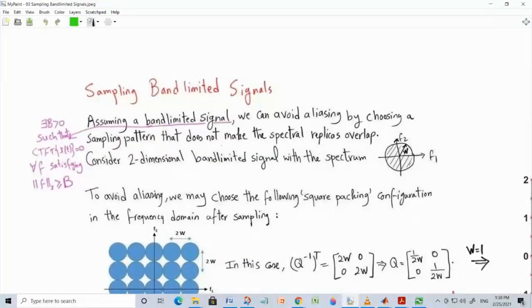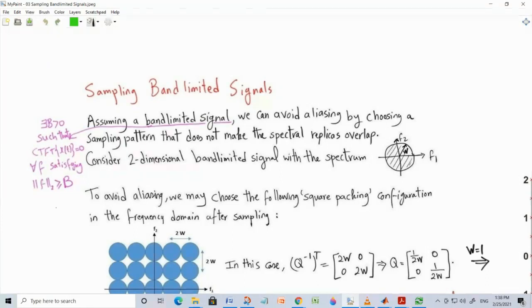A signal is band limited if, let's talk about baseband signals, there must exist some positive parameter b such that the CTFT is exactly zero outside the L2 ball of radius b.